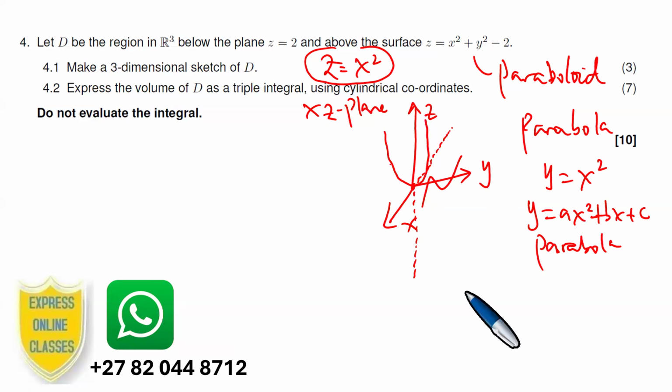But because these things are in 3 dimensions, you call it a paraboloid.